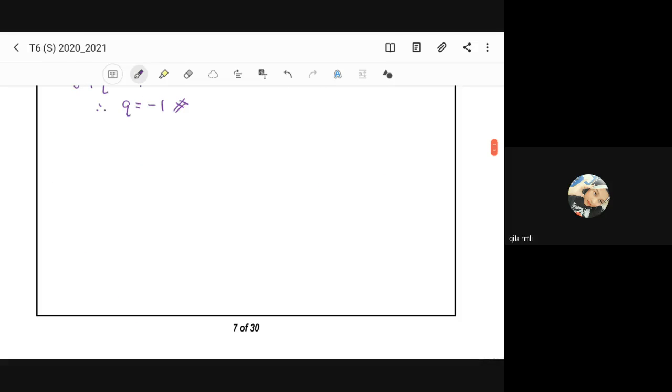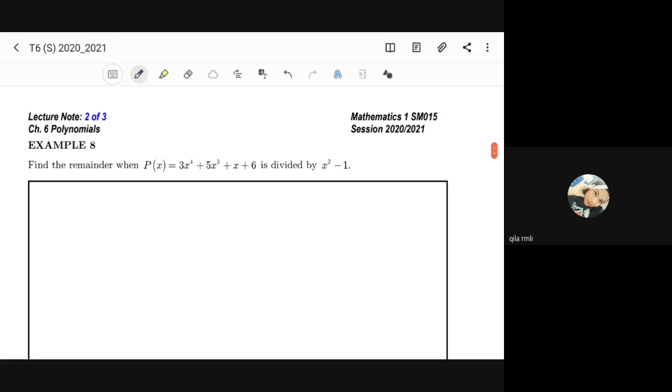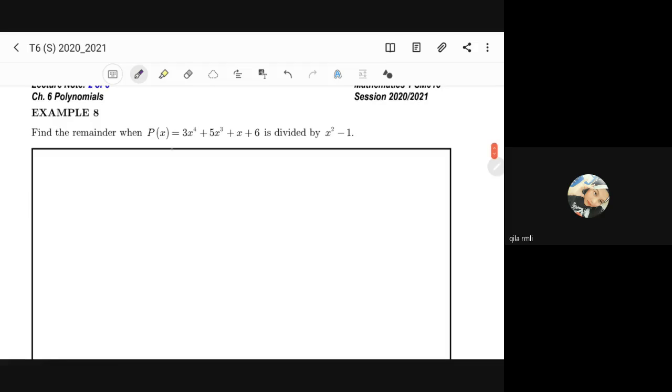Next, find the remainder when Px is divided by x squared minus 1. So if you notice here, x squared minus 1 is a quadratic function. Tadi saya dah cakap dah. Px divide by linear, remainder will be constant.